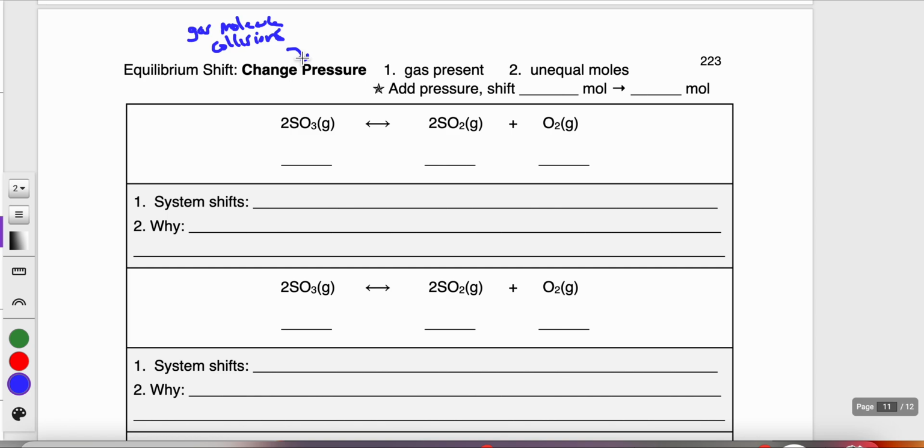In order for pressure to stress or disrupt the equilibrium of a system, there need to be two criteria met. First off, there needs to be at least one gas present in the system, either a reactant or a product, and there needs to be unequal moles of gases.